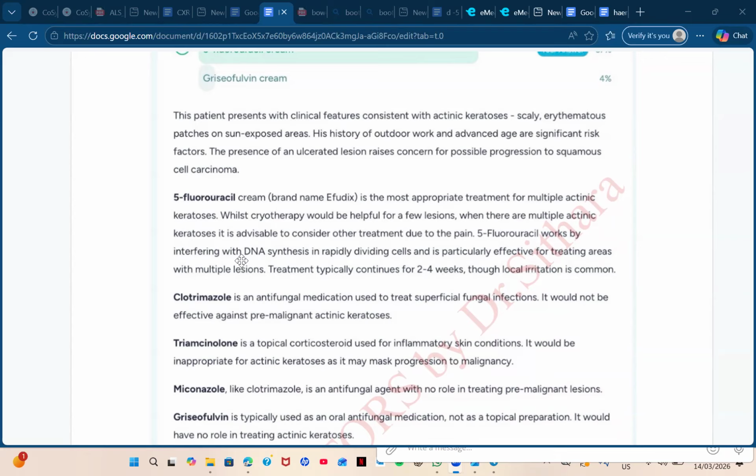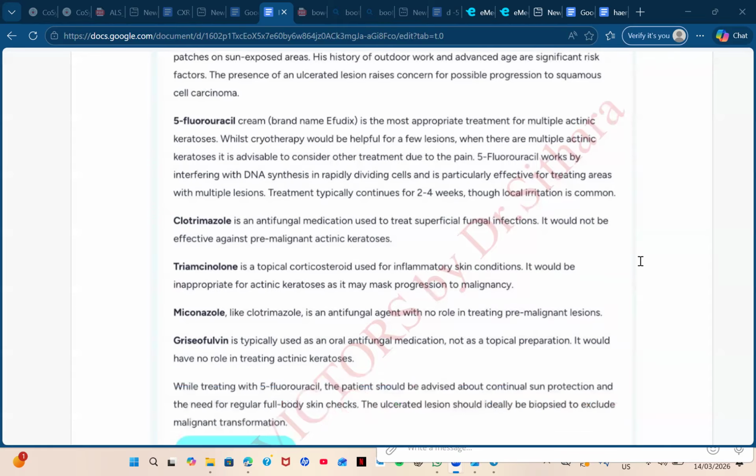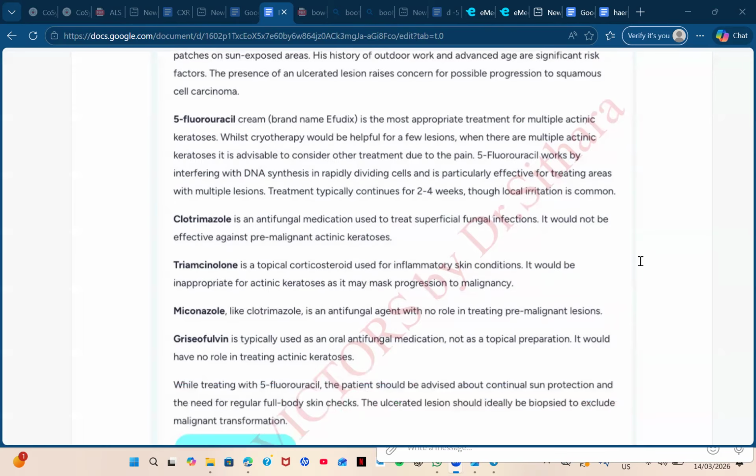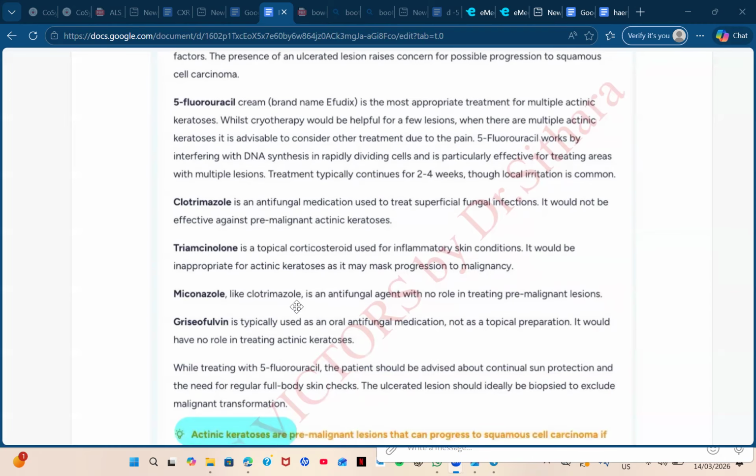When there are multiple actinic keratosis, it is advisable to consider other treatment due to the pain. 5-fluorouracil works by interfering with DNA synthesis in rapidly dividing cells and is particularly effective for areas with multiple lesions. Treatment typically continues for 2 to 4 weeks, though local irritation is common, right?